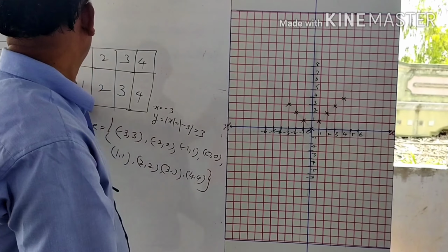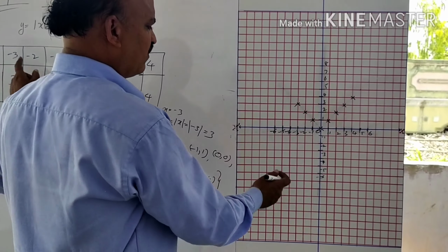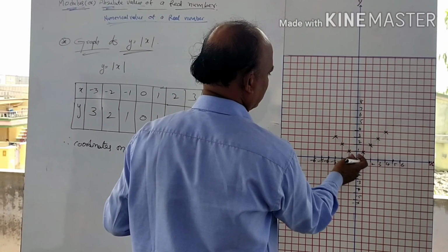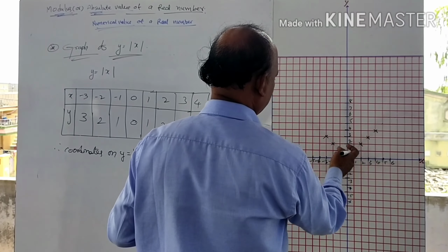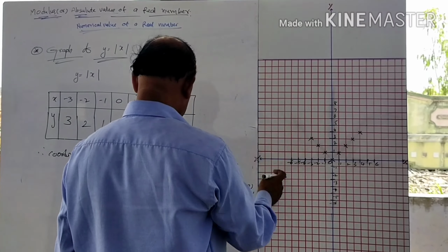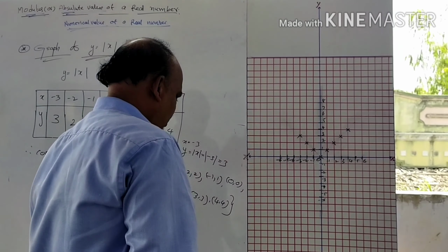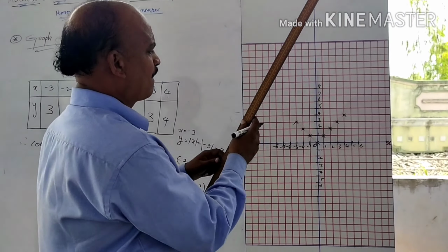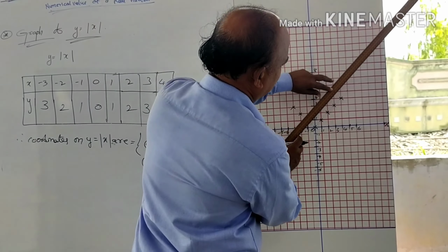If we take x value as minus 4, 4; 5, 5; minus 5, 5. So, all points are on the straight line.